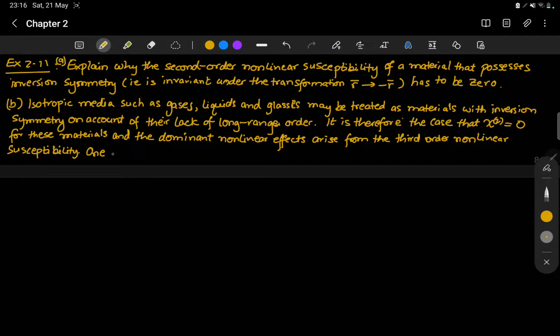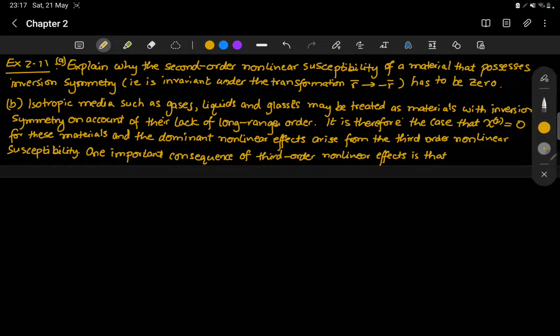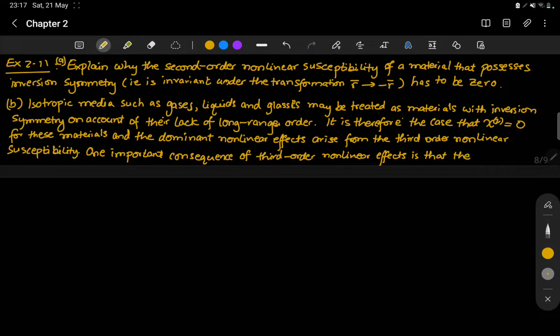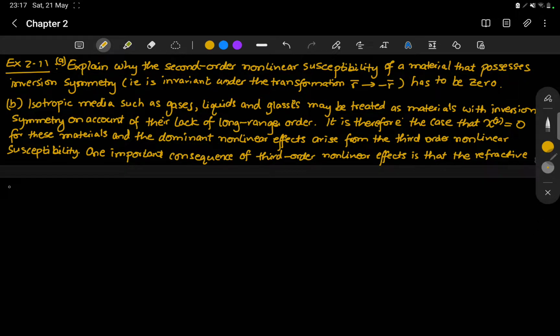One important consequence of third order nonlinear effects is that the refractive index depends on the intensity.